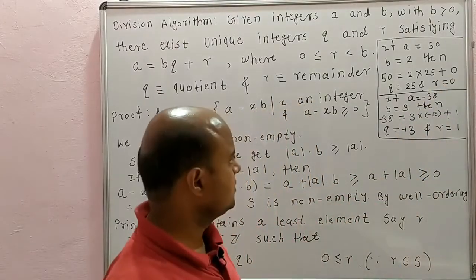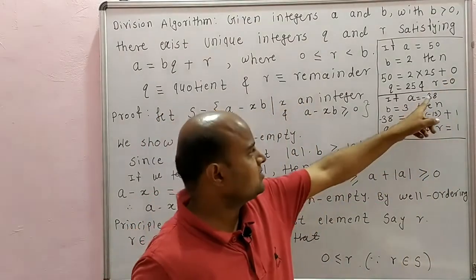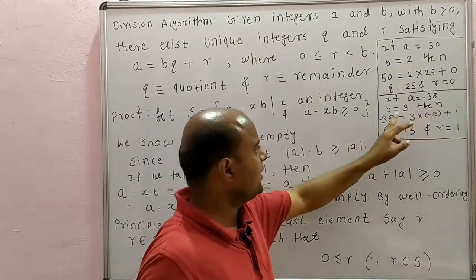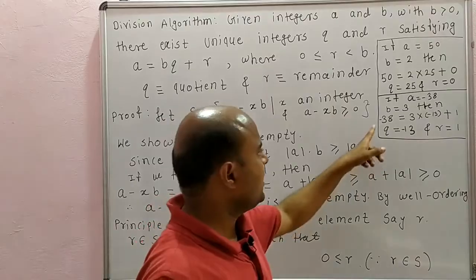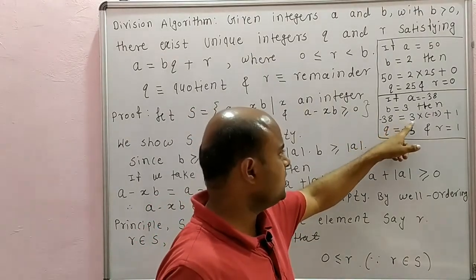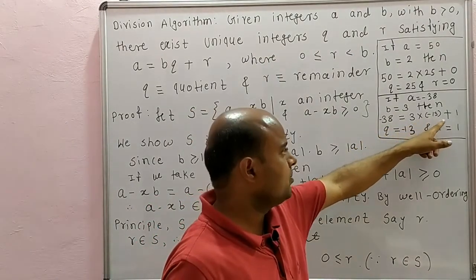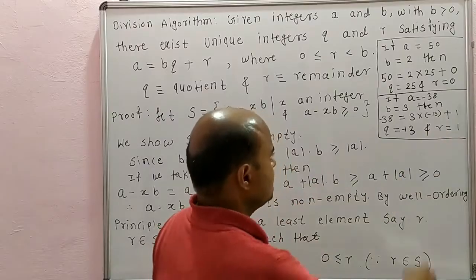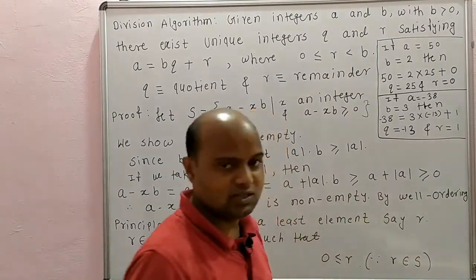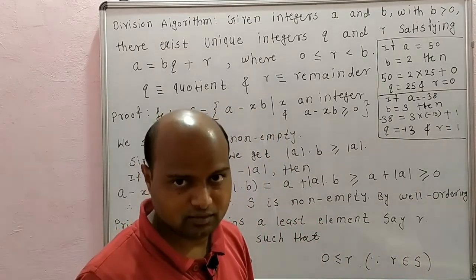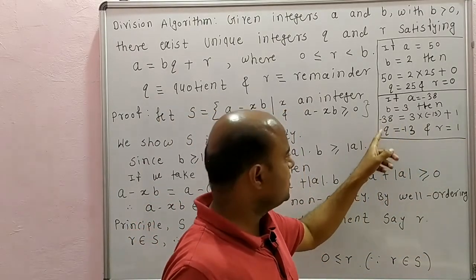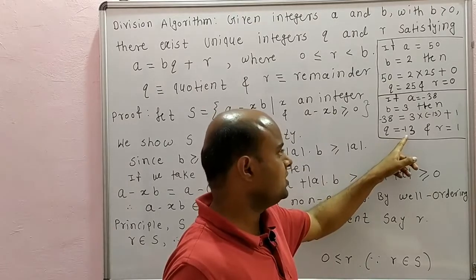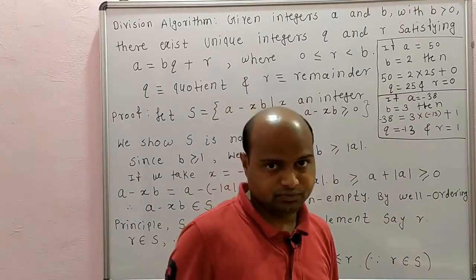If I take A to be minus 38 and B to be 3, then we can write minus 38 equal to 3 into minus 13 plus 1. You can observe here 3 into minus 13 is minus 39, plus 1, we will get minus 38. Here we got Q as minus 13 and R as 1.